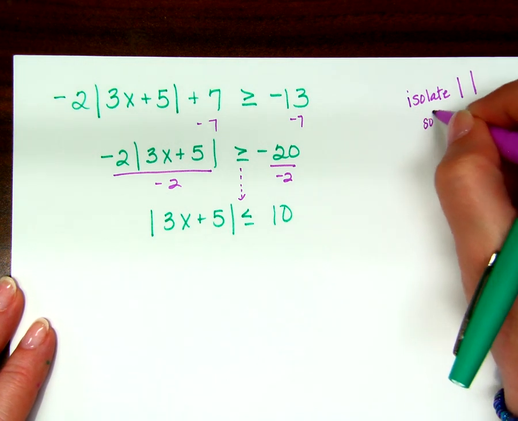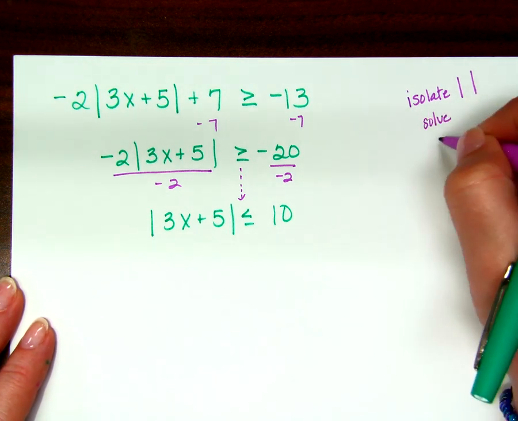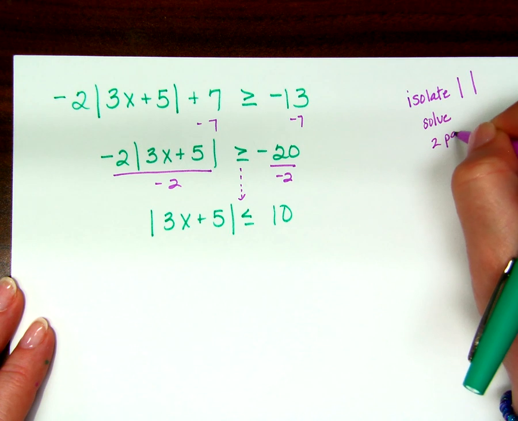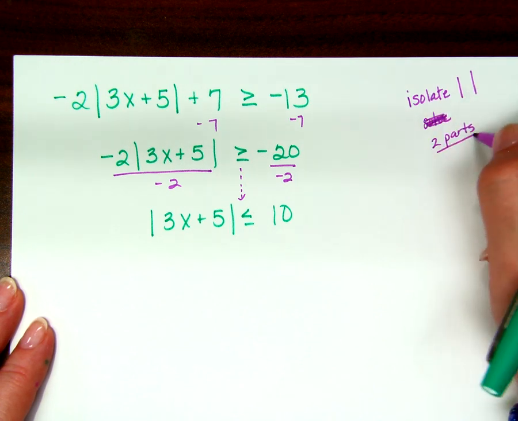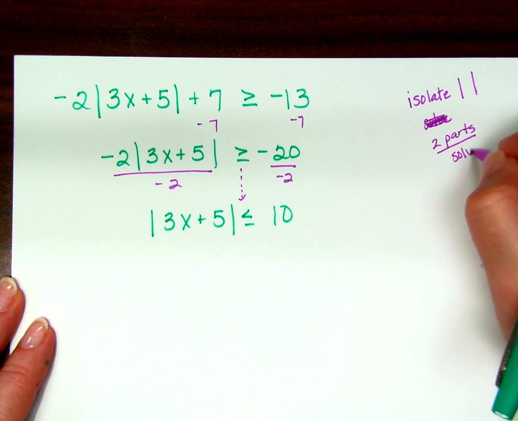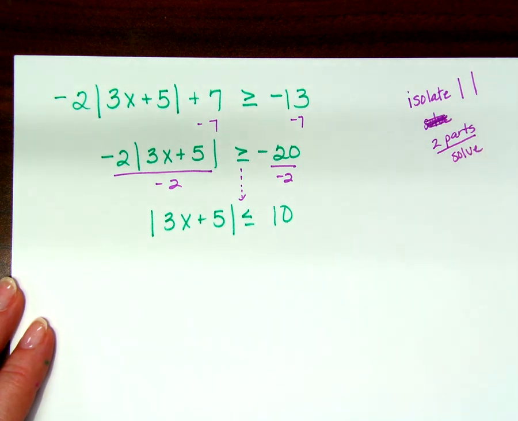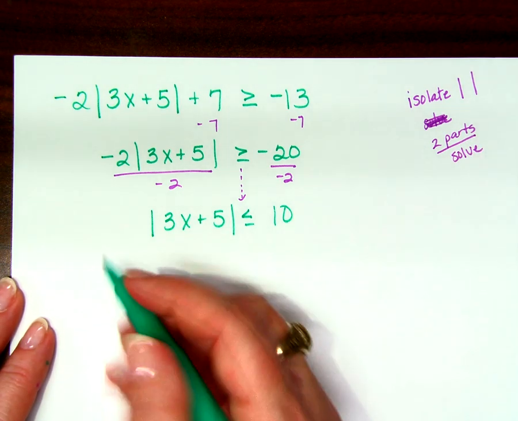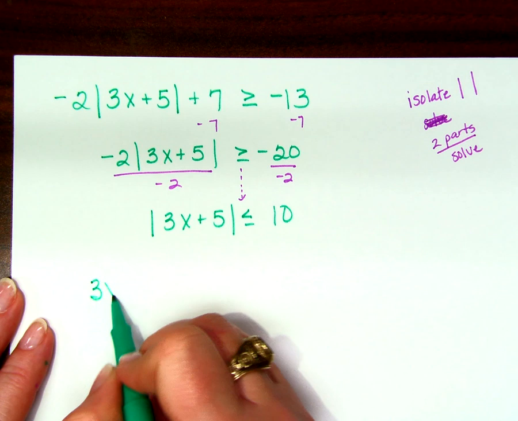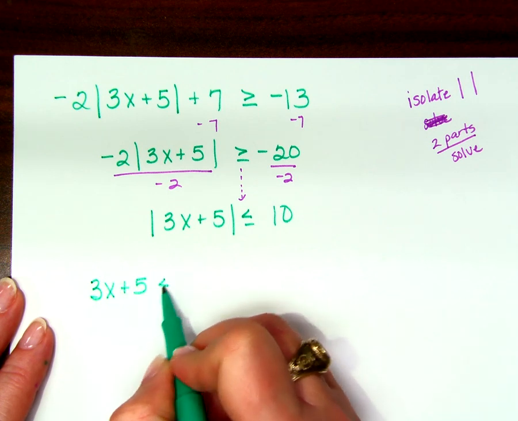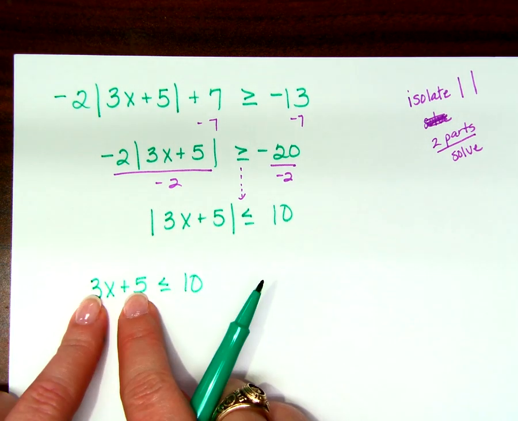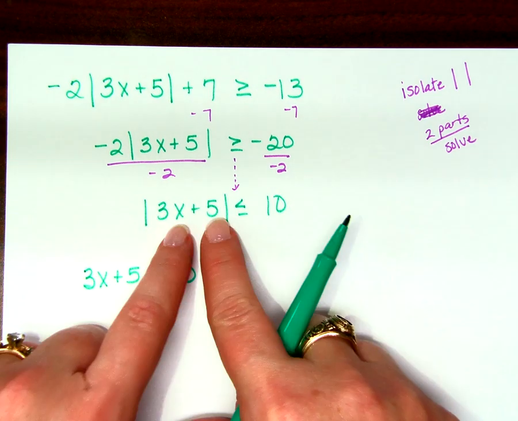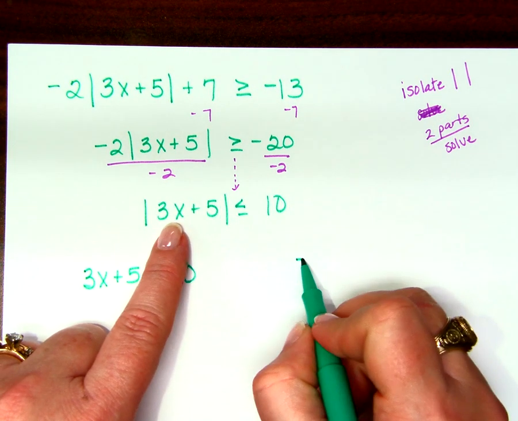We isolate it, then we have 2 parts, and then we solve. Here are my 2 parts. My first part is 3x plus 5 is less than or equal to 10. That's if what was inside is positive. Then I have what if what's inside is negative.